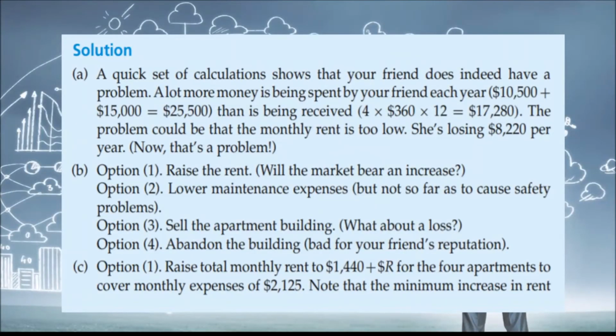Okay, so here is the solution. Letter A: a quick set of calculations shows that your friend does indeed have a problem. A lot more money is being spent by your friend each year, that is 10,500 plus 15,000 equals 25,500, than is being received, that is 4 times $360 times 12 equals 17,280.